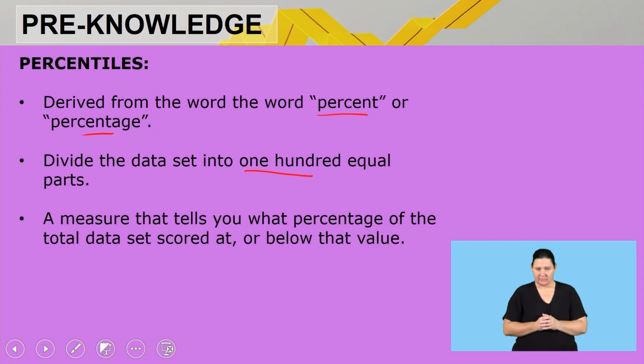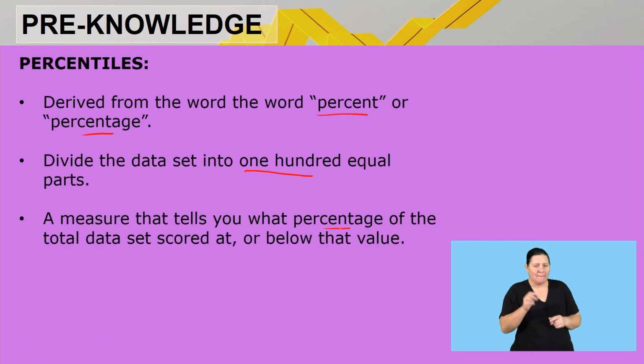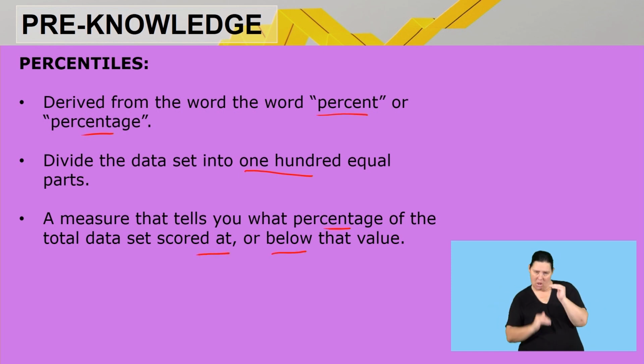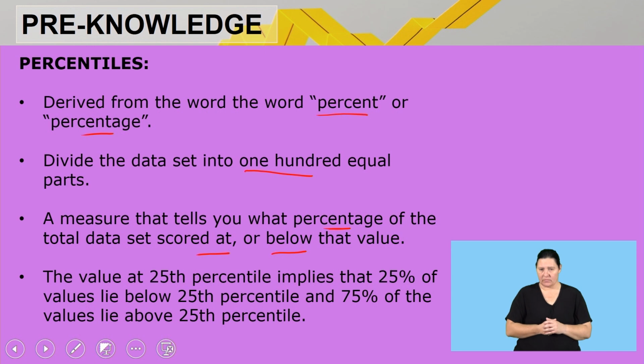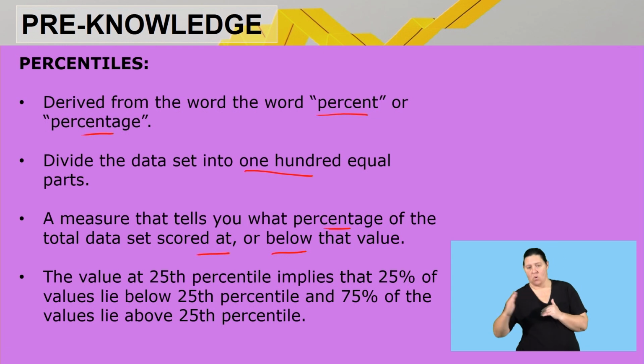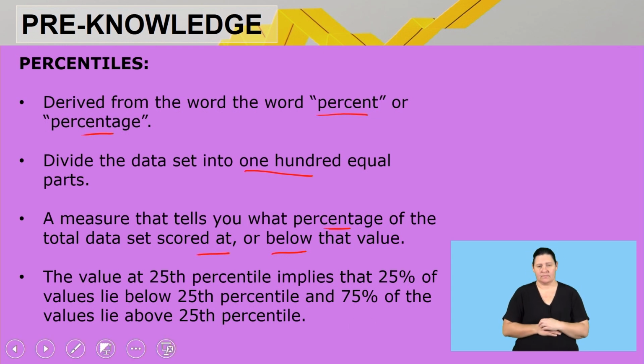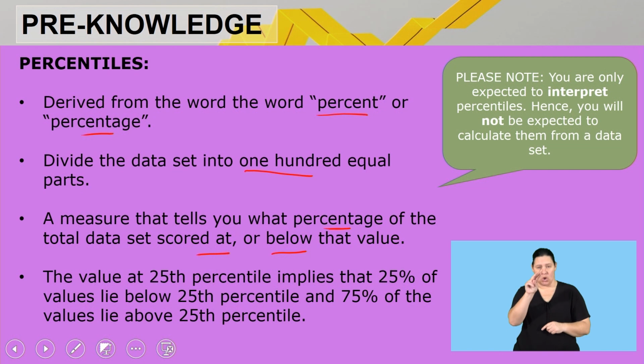Then it is a measure that tells you what percentage of the total data scored at or below that specific value. Just to give an example, the value at the 25th percentile implies that 25% of values lie below the 25th percentile, and that 75% of the values lie above the 25th percentile. We'll look at that in more detail as we move on with the lesson.